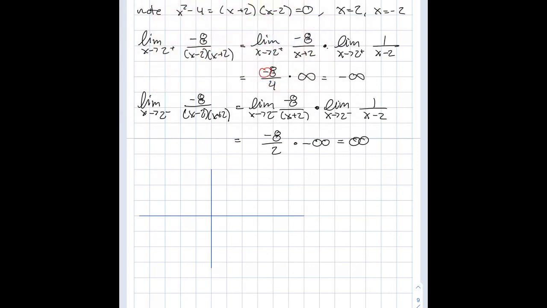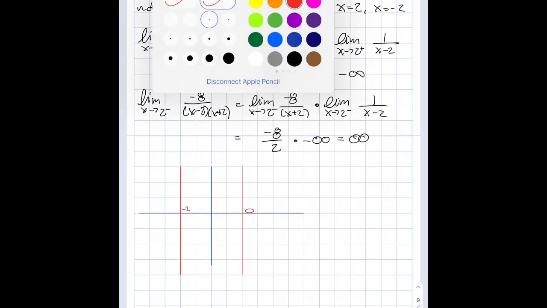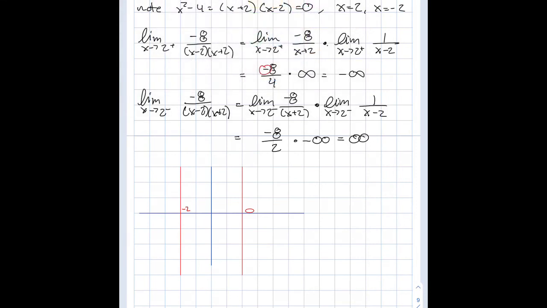And then from there, I can see that both of these, x equals 2 and x equals negative 2, are vertical asymptotes.